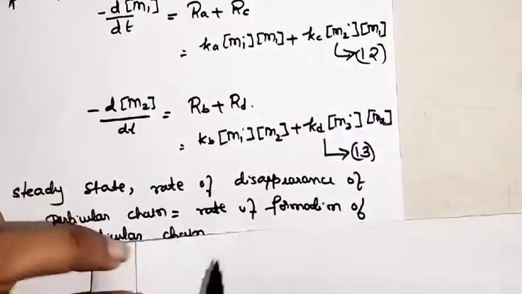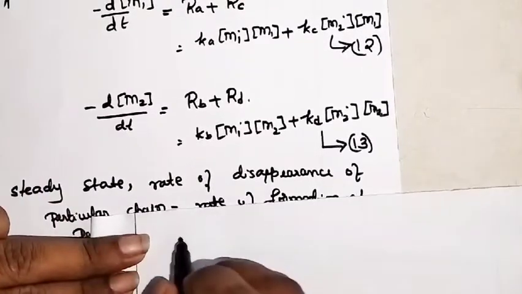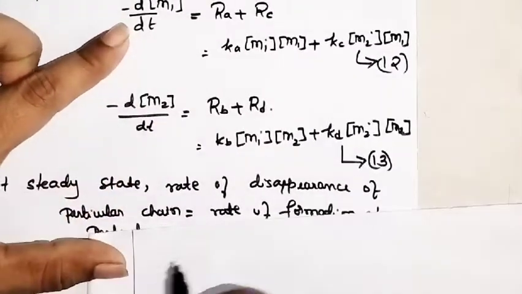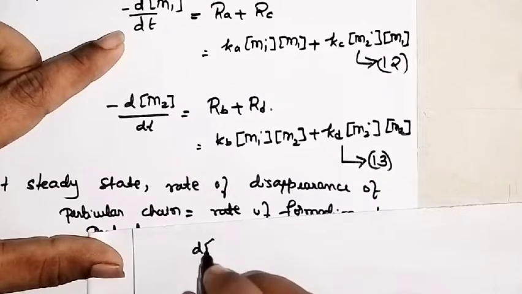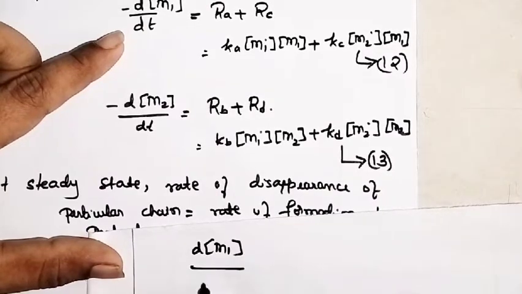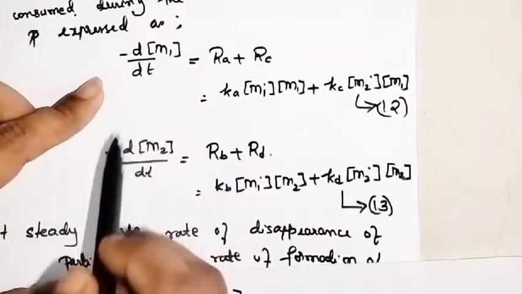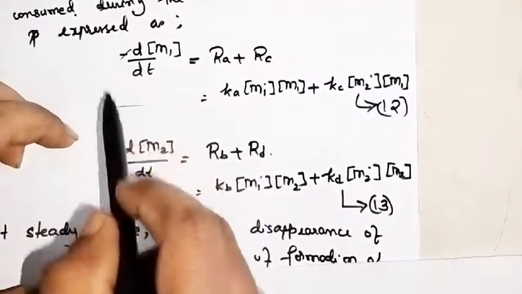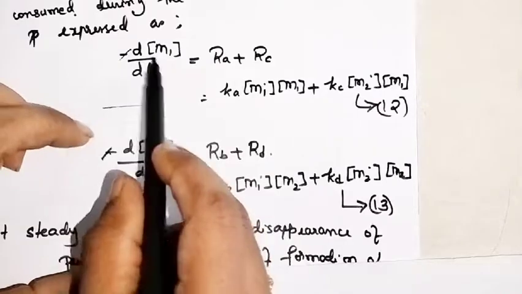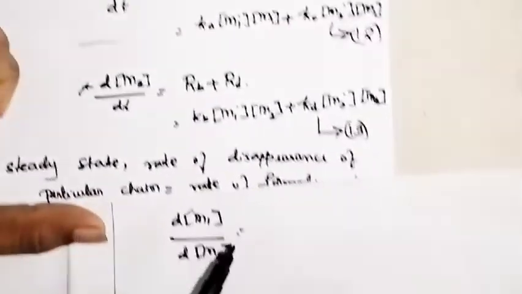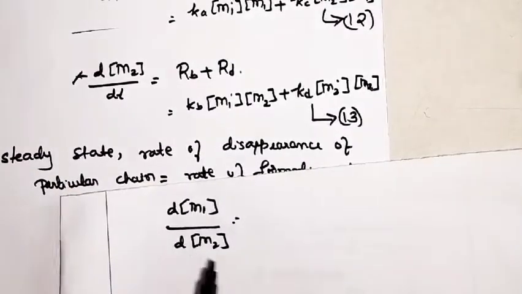So I write equation 12, left hand side is d concentration of M1 over d concentration of M2. Why? Because minus minus get cancelled, dt gets cancelled, so you are left with d concentration of M1 divided by d concentration of M2.